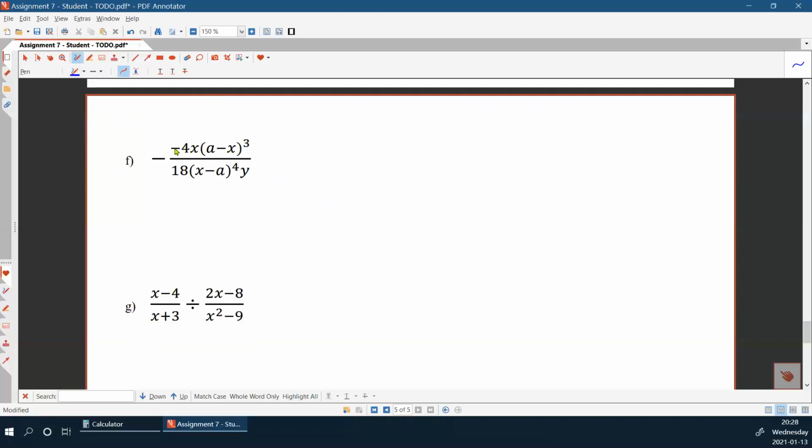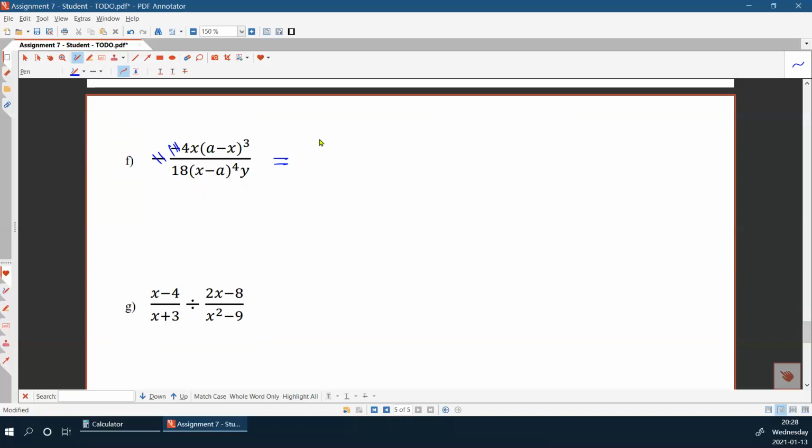Minus minus. When you see this, the first thing for me is to cancel these two signs, right? Because minus minus, you get positive. So first of all, both of them are in factored form. Let's see what we can do here. a minus x in the numerator and x minus a in the denominator.